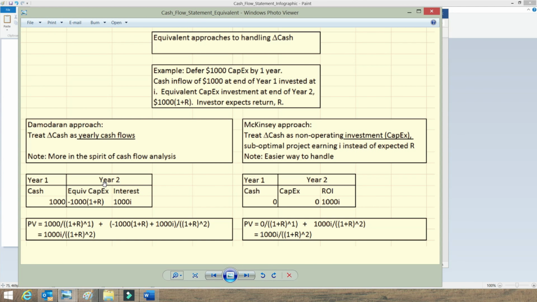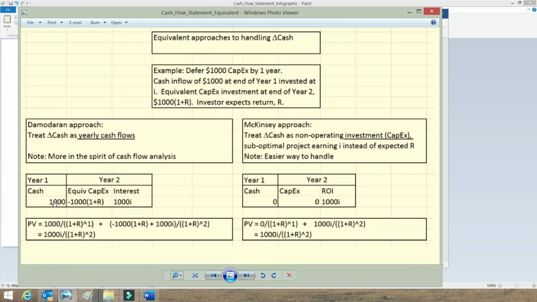Let's say there's $1,000 cash flow at the end of year one, and then it's not invested back in the company. It's just sitting on the books waiting to be invested in a project. Well, in year two, you've earned some interest I on the invested cash, but then you also decide that you're going to now invest it a year later in an equivalent capital project.